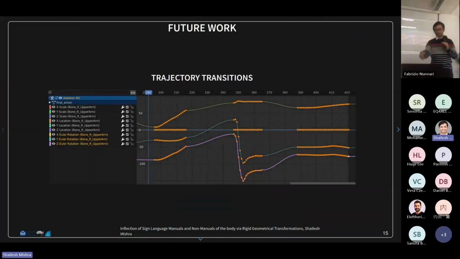Next, we have some ideas for the future work. So this is how a motion trajectory looks, right? The parts in orange come from human motion, and the lines without the orange come from interpolation.